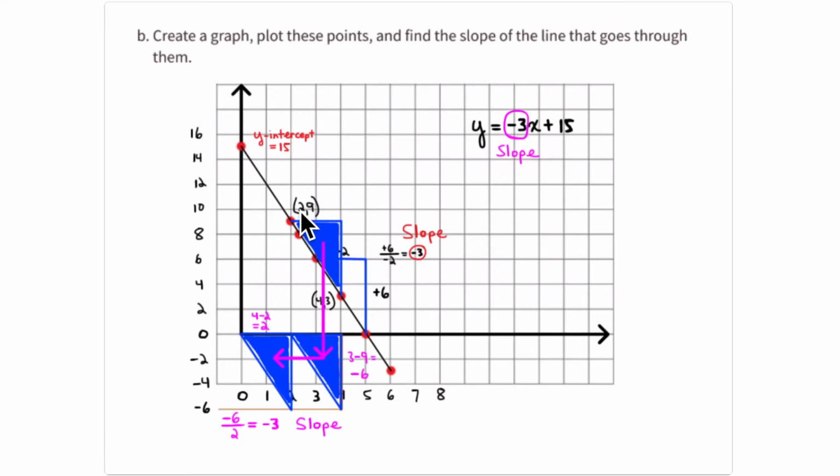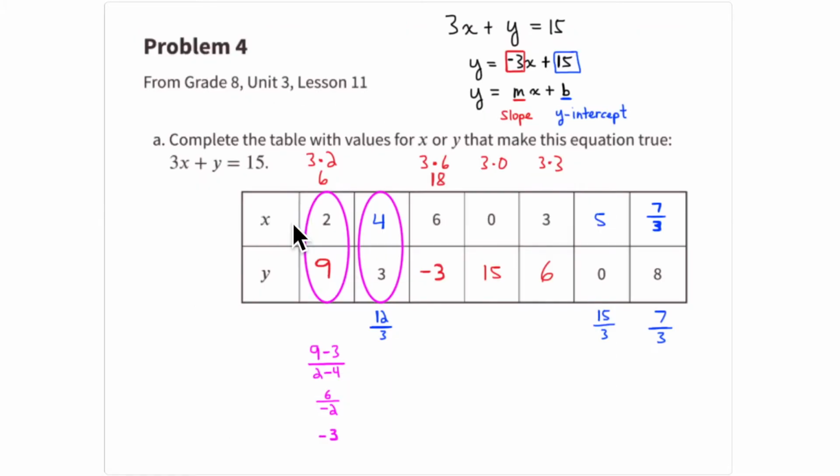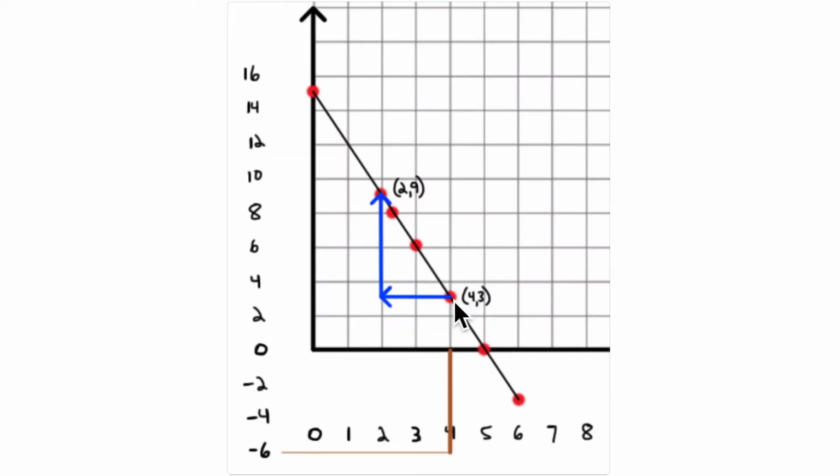Now, rather than starting at (2, 9) and ending at (4, 3), what if you start at (4, 3) and end at (2, 9)? What does the calculation look like then? Now I'm going to subtract where I started from where I ended.